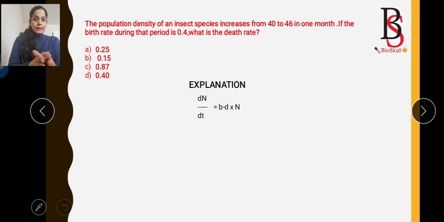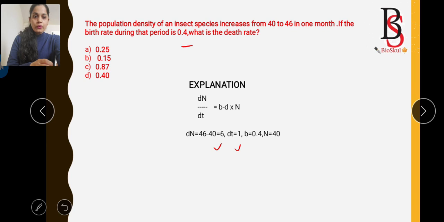The formula is dN by dt equals birth rate per unit time minus death rate per unit time multiplied by the number of individuals in a population, that is dN by dt equals B minus D multiplied by N. Here dN is 46 minus 40, which is 6, dt is 1 month, that is 1, and the birth rate is given, it's 0.4.